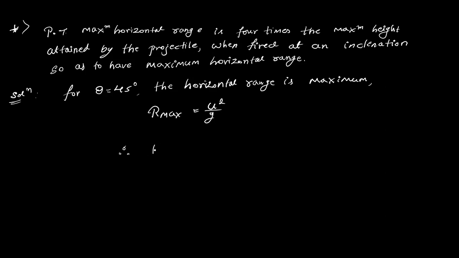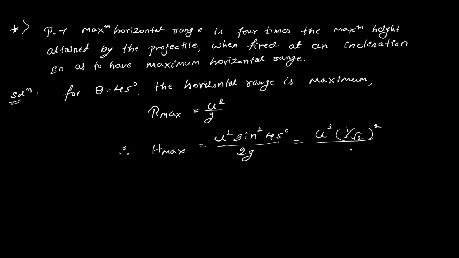The maximum height attained is H maximum, right? So it is U square, if you take the 45 degree in the maximum height formula, sine square 45 divided by 2G. Sine 45 is 1 by root 2, the whole square, divided by 2G.